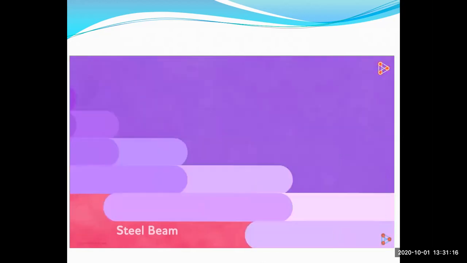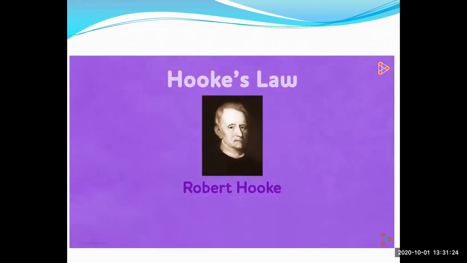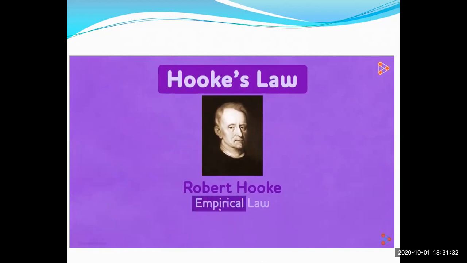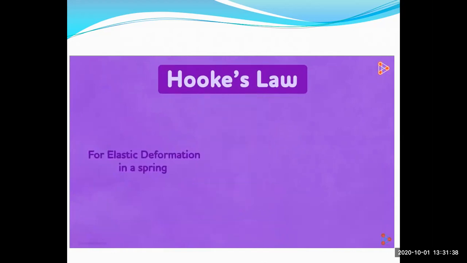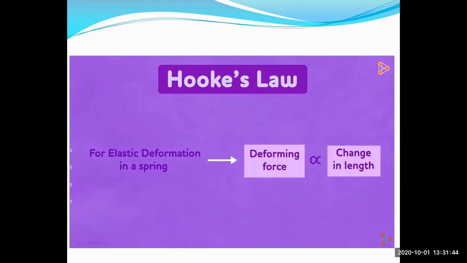Now we come to an extremely important topic, Hooke's law. Robert Hooke, an English physicist, stated the empirical law in 1660, which is today known by the name Hooke's law. What does empirical mean? It means the law was derived using observations. It states, for elastic deformation in a spring, the deforming force is directly proportional to change in length.